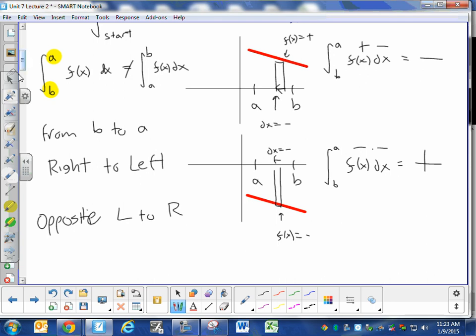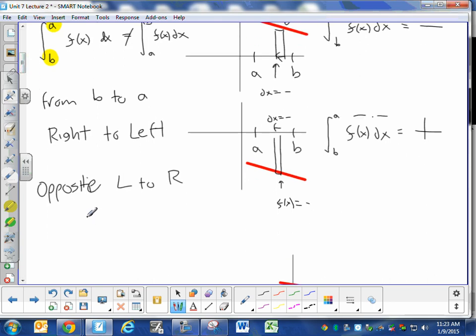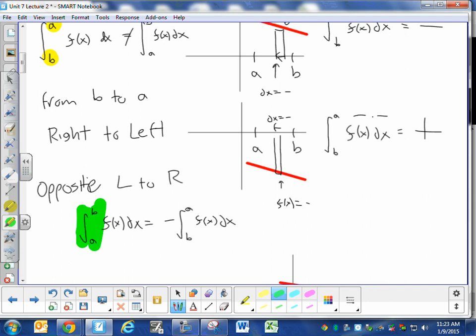If you want to use integral notation, you could say the area from A to B is opposite the area from B to A. Okay? Order matters. Order is important with these infinite sums.